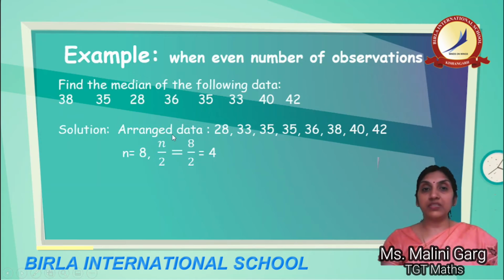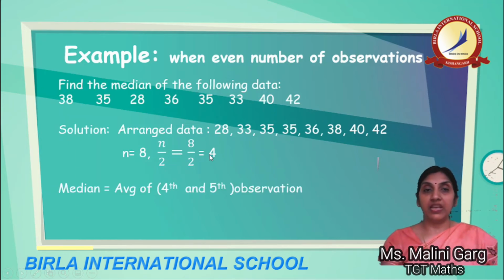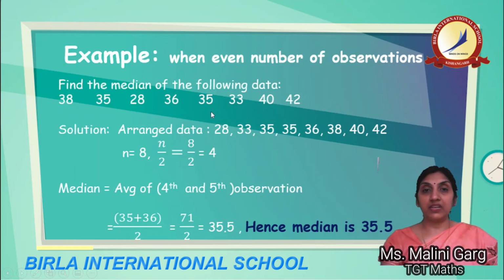So, first you calculate the first middle term, which can be calculated as n upon 2, which is the 4th observation. Hence, we have to take the average of the 4th and the 5th observation from the sorted data. If you see, the 4th observation from the sorted data is 1, 2, 3, 4, 35 and the next is 36. Hence, you take the average, which will come to 35.5. Hence, the median of the data is 35.5.